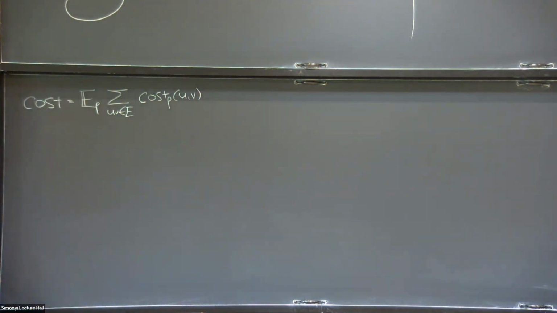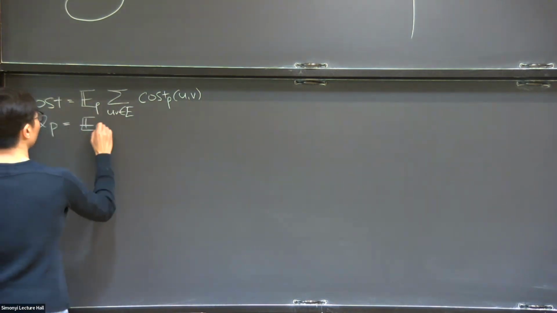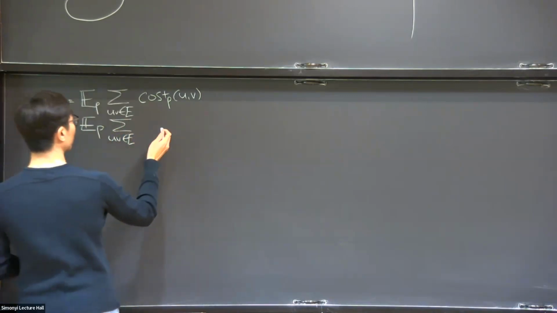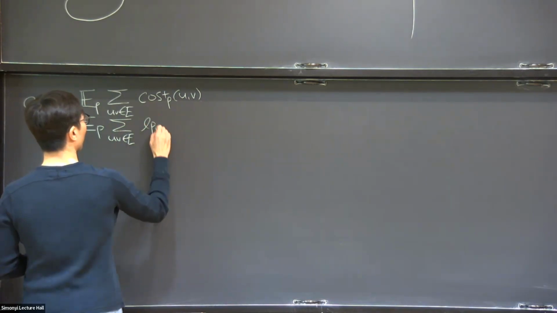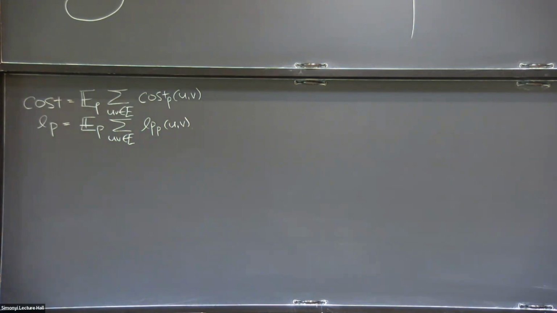And the same for delta. Nothing else happened: everything is over the expected choice of a pivot, and then we sum over all the edges. You see what the expected total cost in that iteration is, and what the expected LP value decrease in that iteration is. Which is really nice.